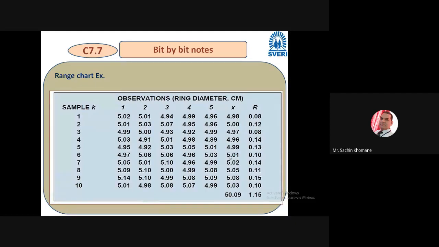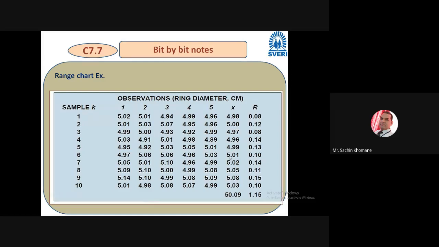Tell me. If you know this theoretical part, then you can easily draw the R control chart. Arithmetic mean is no problem for anybody, right? Only the range calculation is important.